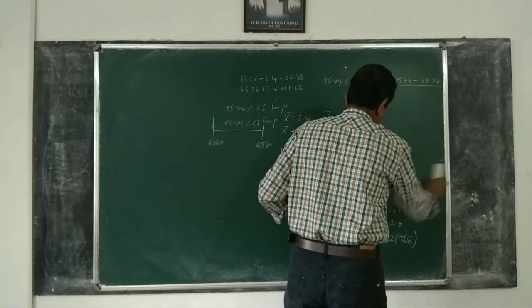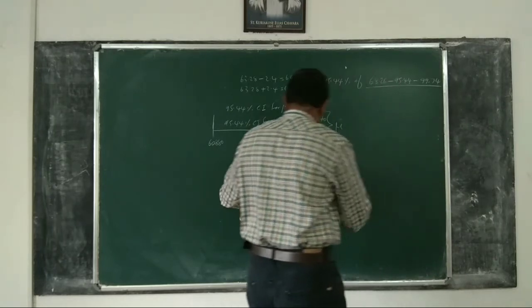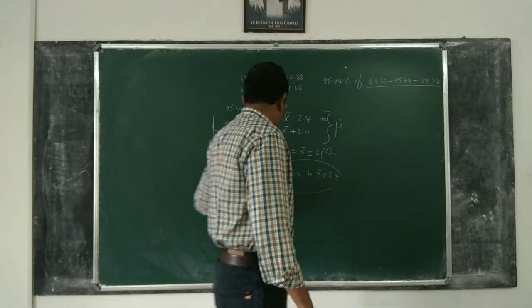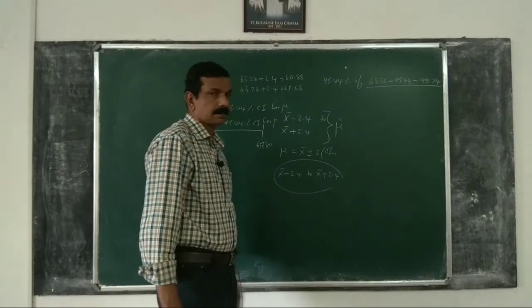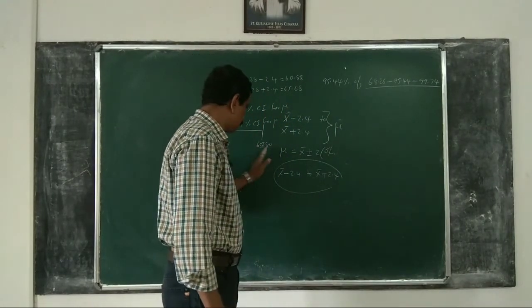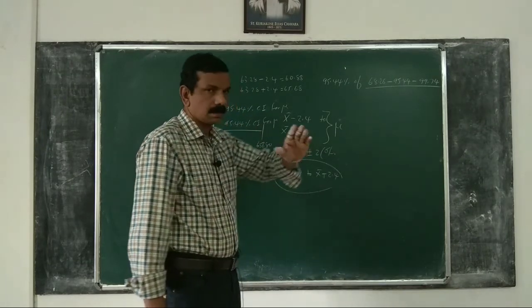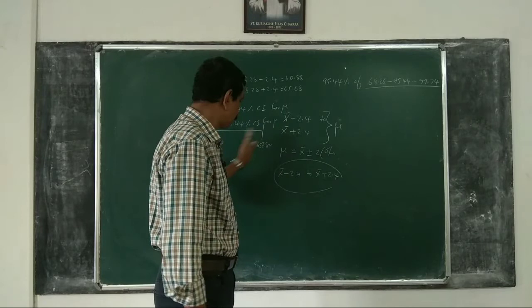Now, this interval is a random interval because the interval will vary from one sample to another sample. If you take one sample, this is the interval; take another sample, X bar will be different, so the interval will also be different.